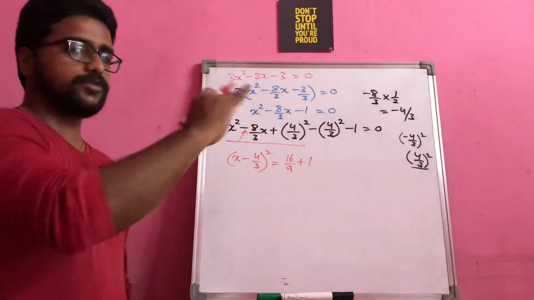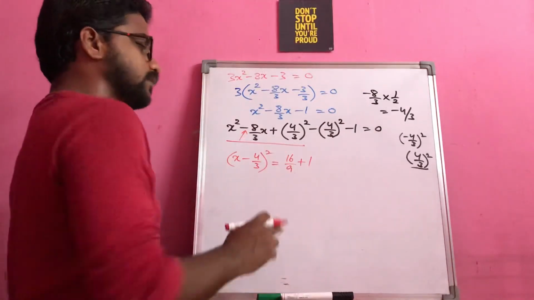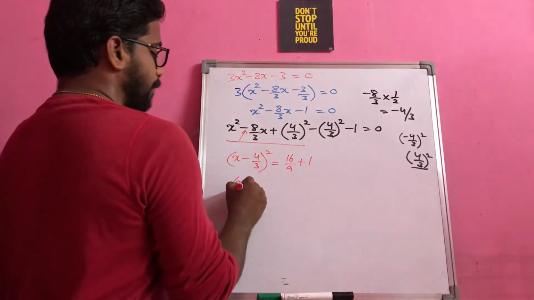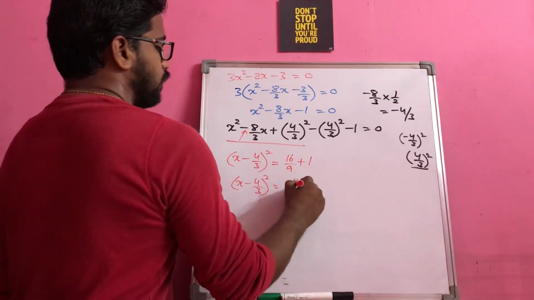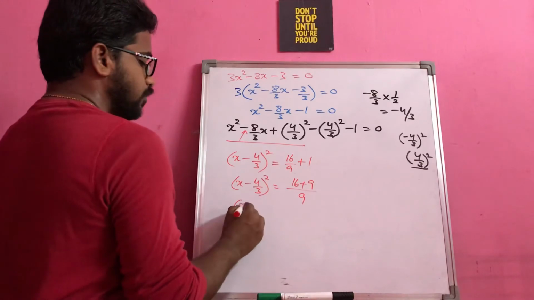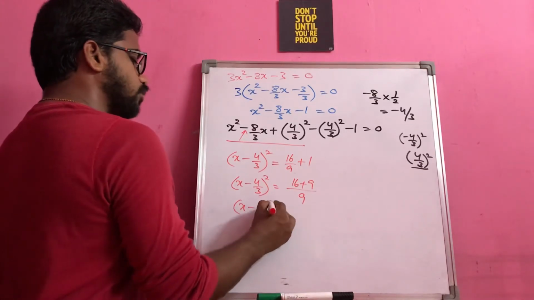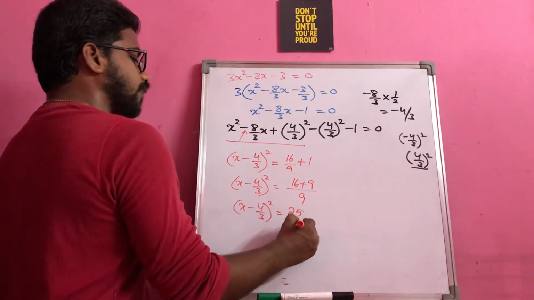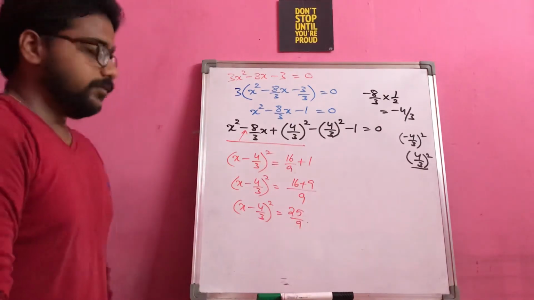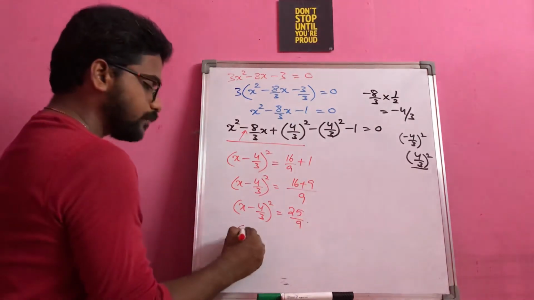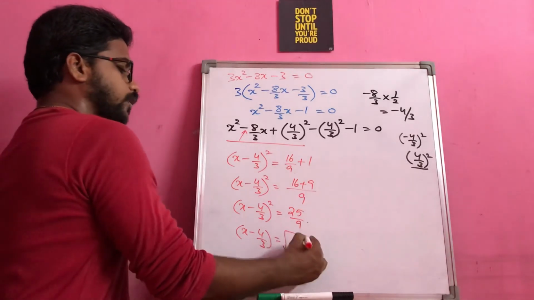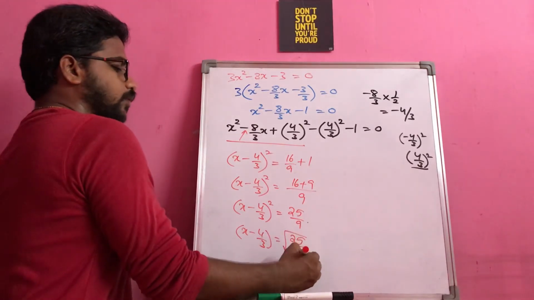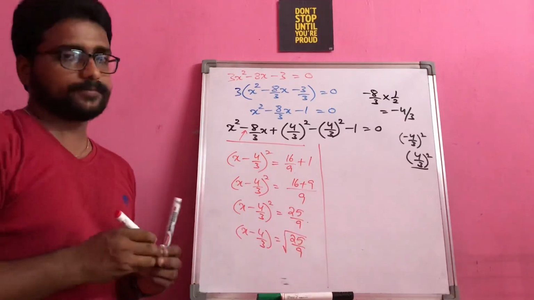So minus terms if you take to the other side will become plus, so 16/9 + 1. So (x − 4/3)² = (16 + 9)/9, which is 25/9. So x − 4/3, if I take the square to the other side, it will become a square root, and you will get the square root of 25/9.